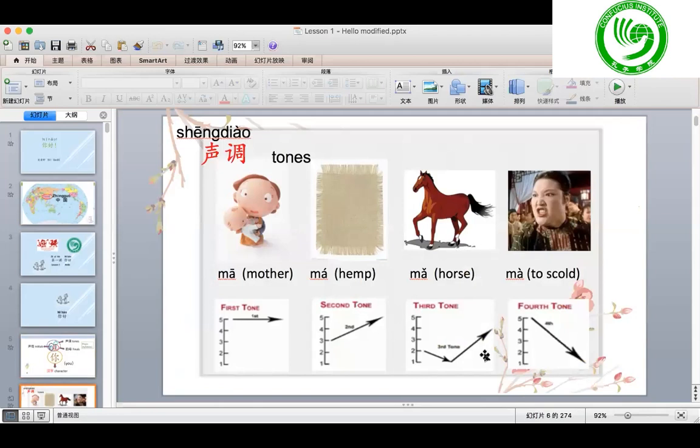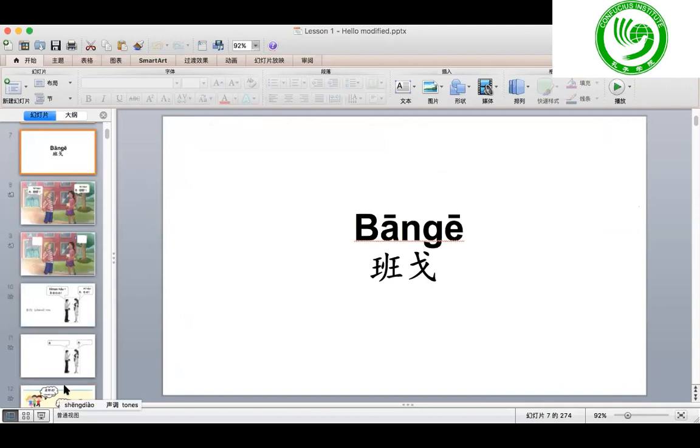We have 4 tones. So tones, you have to be very careful with the tones. It is different with English language, right? Yes. And then we've learned how to say 班歌 in Chinese. It is 班歌. Both of them are the first tone.